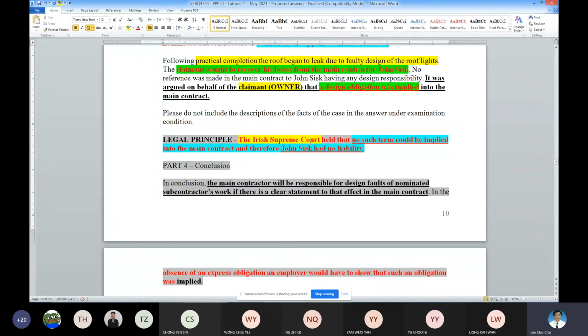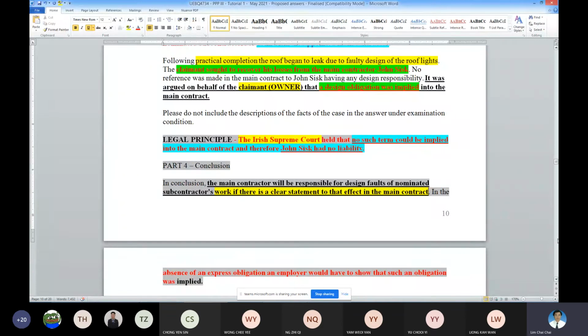Okay, so conclusion: the main contractor will be responsible for design fault of nominated subcontractors if there is a clear statement in the main contract. If there is a clear statement in the main contract, but there is no such thing, then in the absence of the express obligation, an employer would have to show that such an obligation was implied.